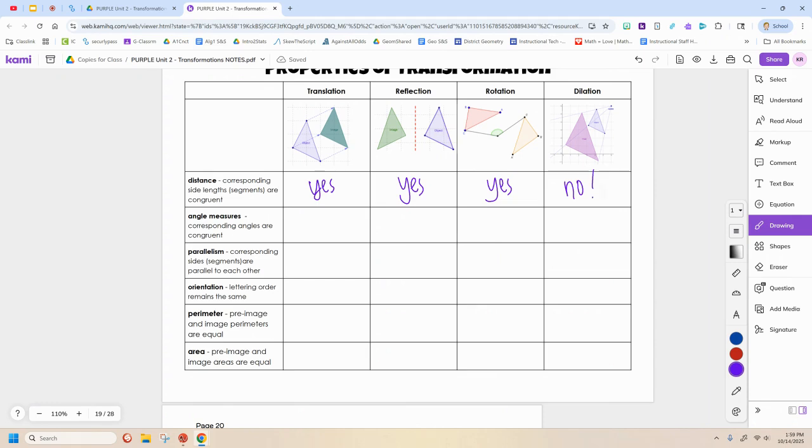So that's a no. And the deal is no matter what, even if k is equal to 1, when k is equal to 1, the shapes are congruent, but we say that the corresponding sides are still proportional, okay? So I'm going to say no when k doesn't equal 1. That's when they're not going to be congruent.